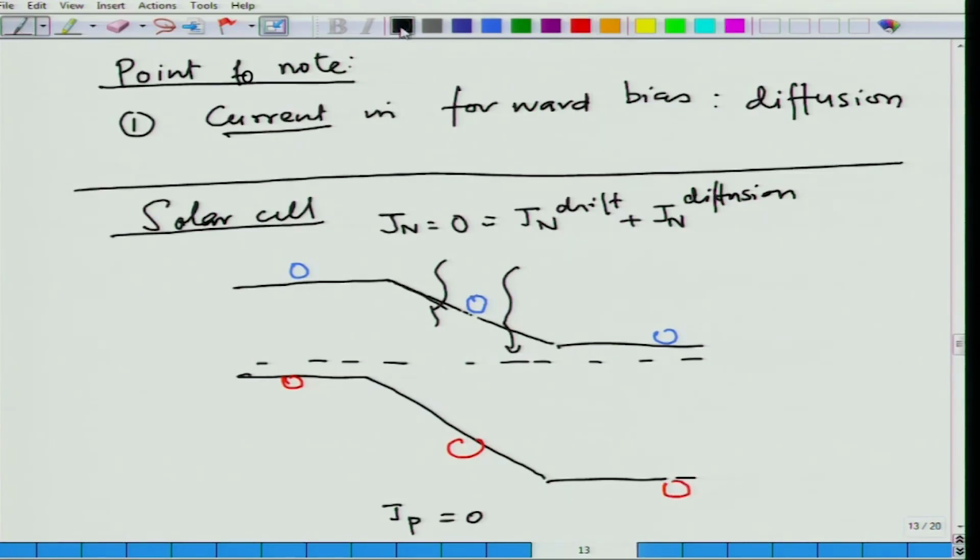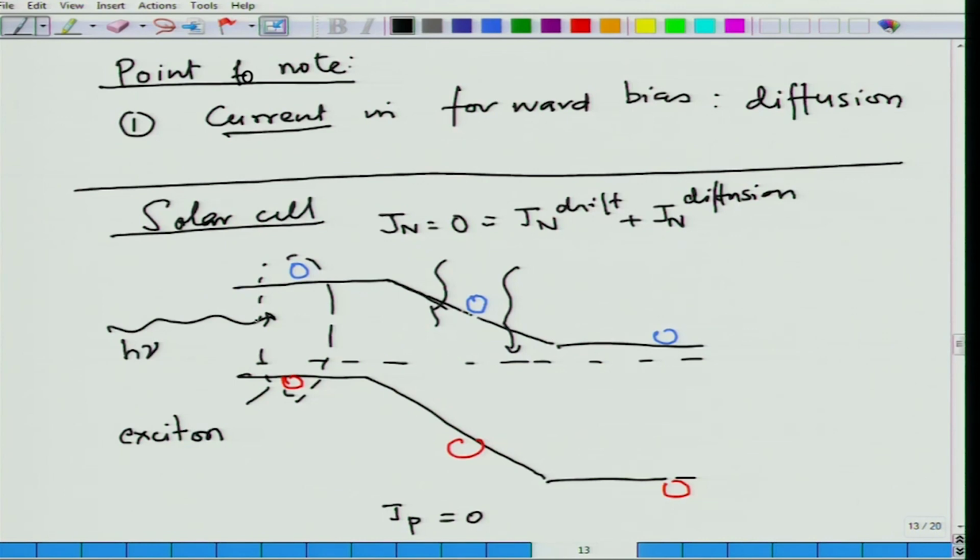We have seen in the earlier module that when I bring in light of the right photon energy, an electron which was in the valence band goes to the conduction band and leaves a hole behind. This situation is considered an exciton. These excitons can break and move in either direction.